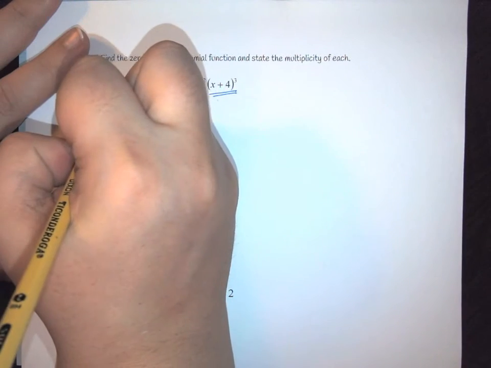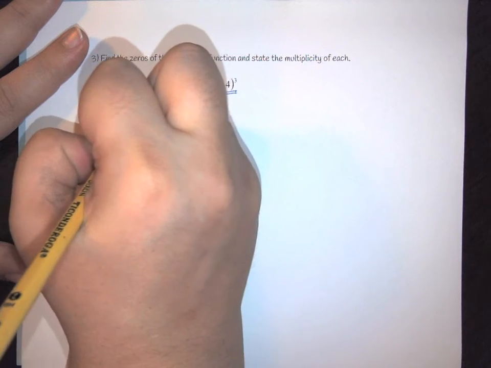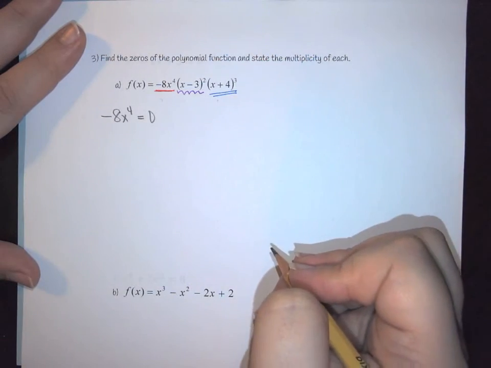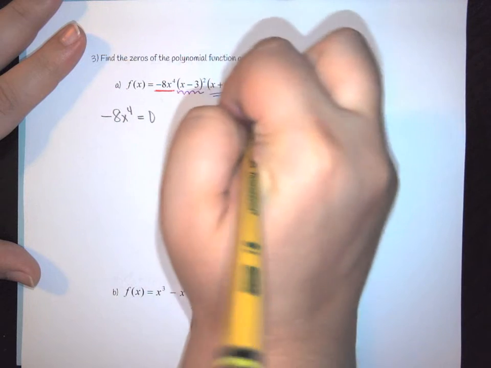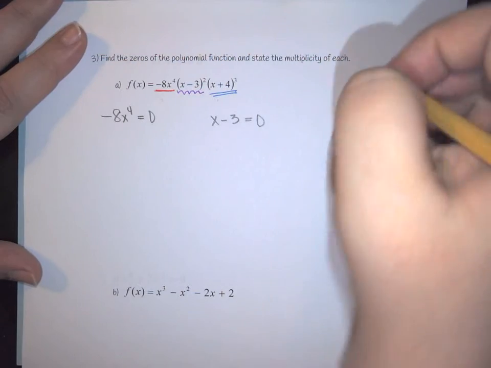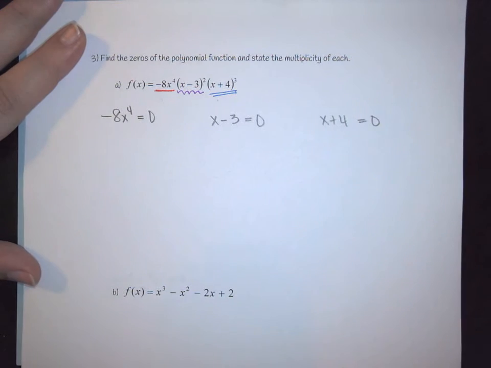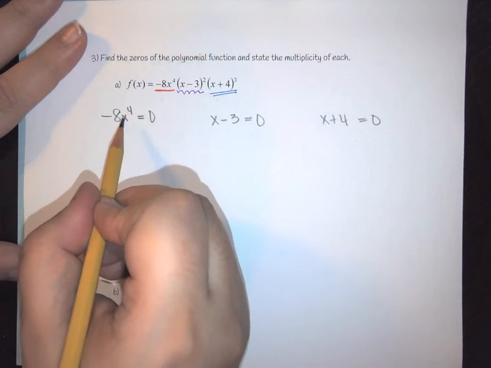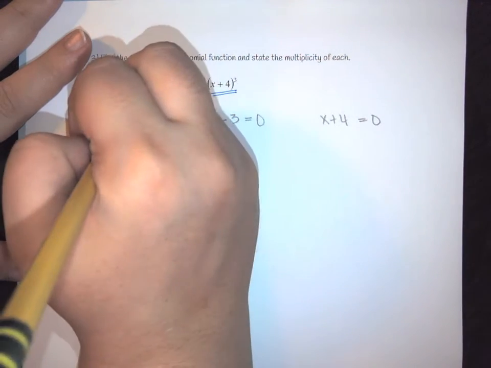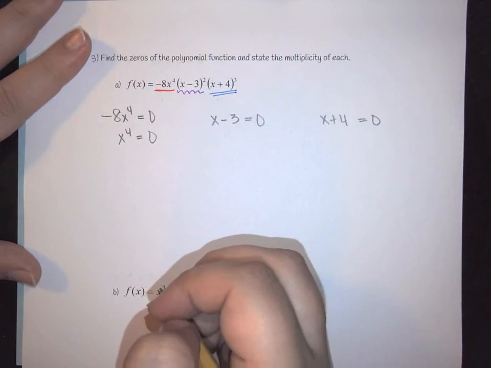So that means I have to set each part, so negative 8x to the 4th, equal to 0 and solve. I also then have to set the x minus 3 equal to 0 and solve, and the x plus 4 equal to 0 and solve. Starting with the first one, we divide everything by the negative 8, so I get that x to the 4th is equal to 0.